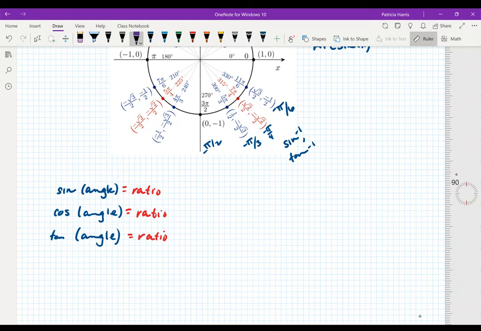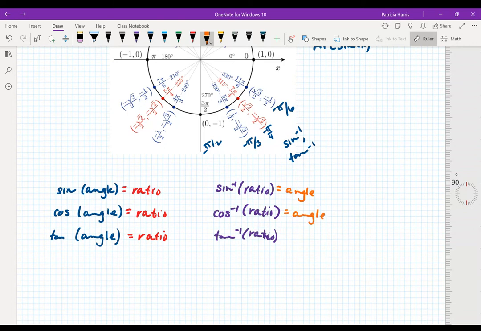Well, when we do the inverses, remember when we do inverses, things switch around. So I'm giving you the ratio now, and you're telling me the angle that goes with it. Now, since I have restricted the domains and the ranges, you are restricted to one answer.